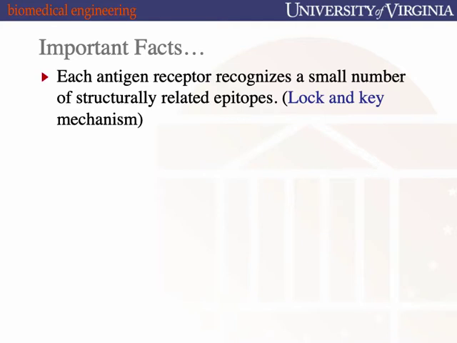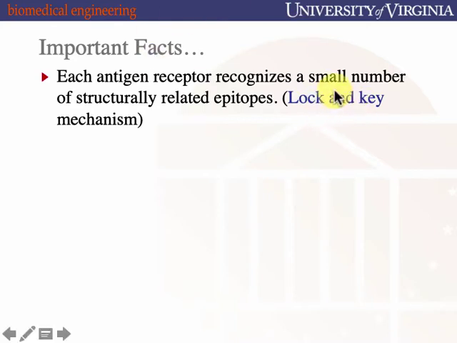I'm going to flex that a little bit and tell you that there's some flexibility in that, right? It's either the same peptide, only one peptide, but small modifications of that peptide might also be recognized. So it's a very narrow epitope space. And so what I would say is that the epitopes have to be extremely structurally similar, okay?